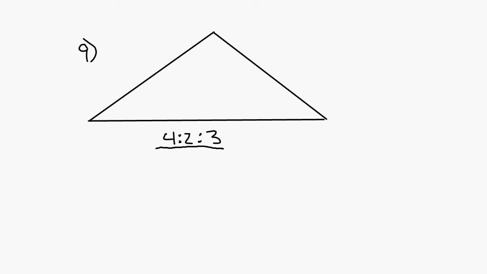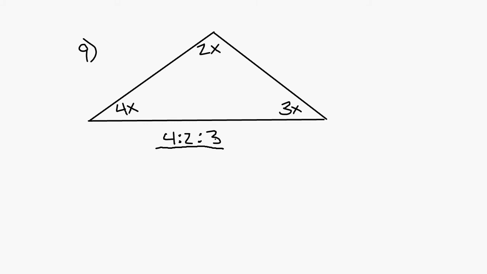Here's how you solve this. You take the 4 and you write 4x. You take the 2 and you write 2x. You take the 3 and you write 3x. Those represent the three angles in this triangle.